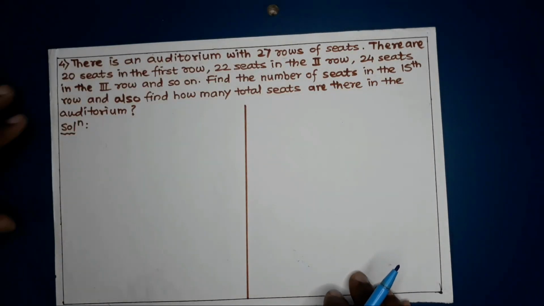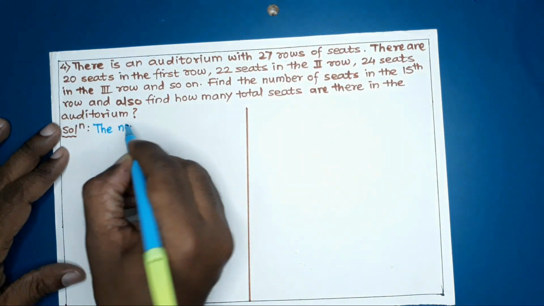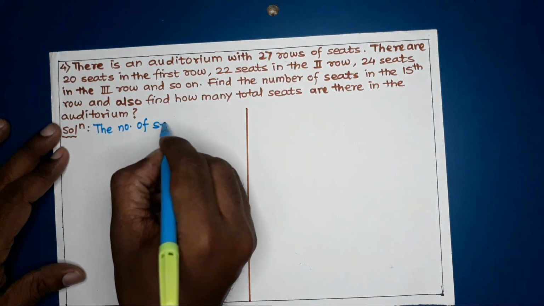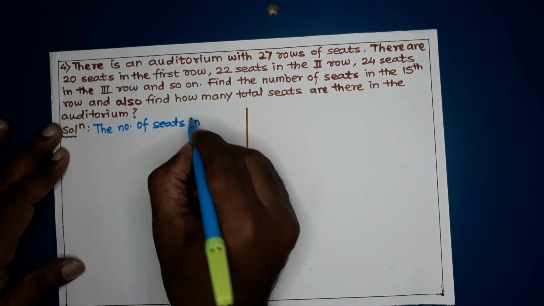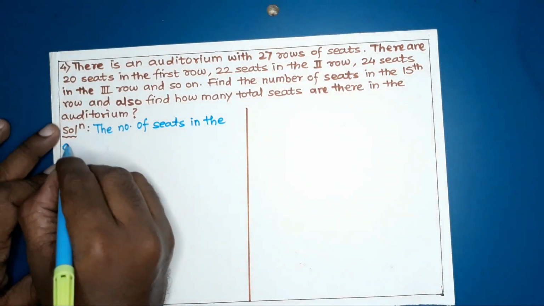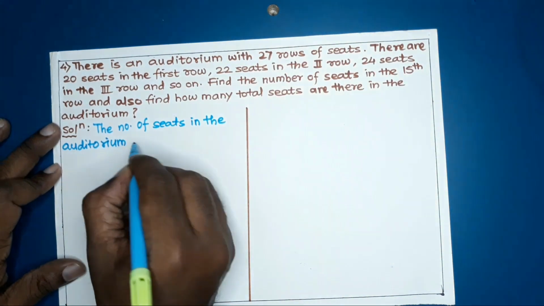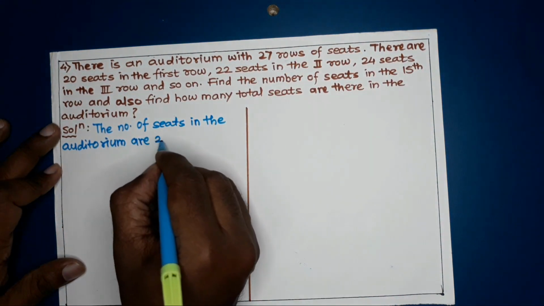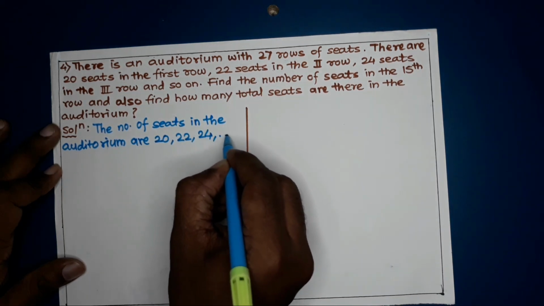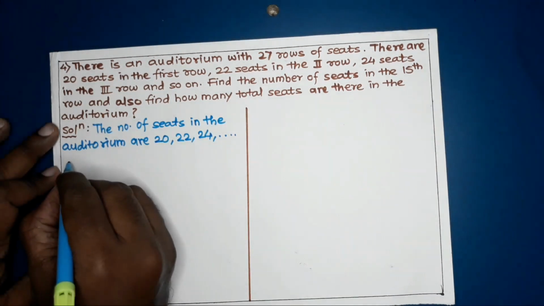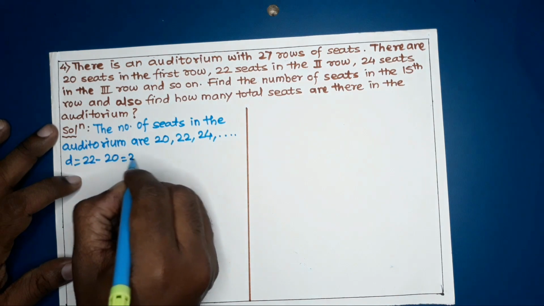So let's start solving. The number of seats in the auditorium are 20, 22, 24 and so on. Again we will check that d is equal to 22 minus 20, we get 2.